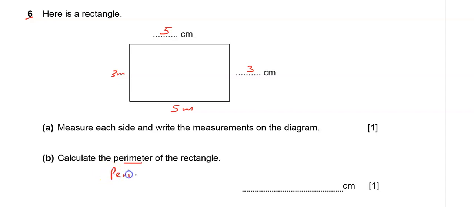So perimeter is equal to this 5 plus this 3 plus this 5 plus this 3. When you add, 5 plus 3 is 8, plus 5 plus 3, 8. 8 plus 8, you get 16. So it is 16 centimeters.